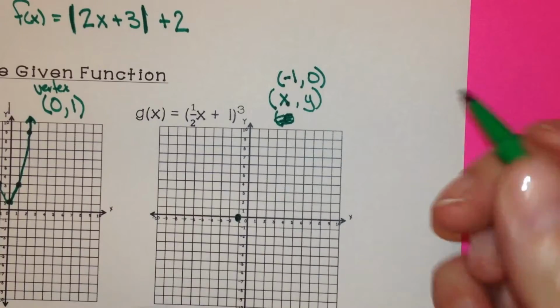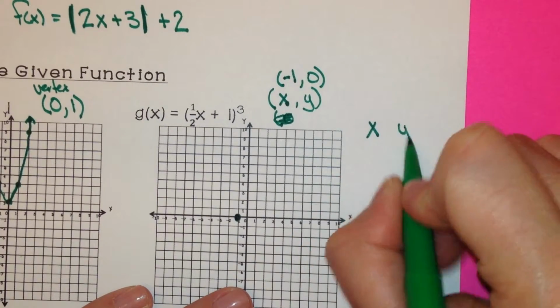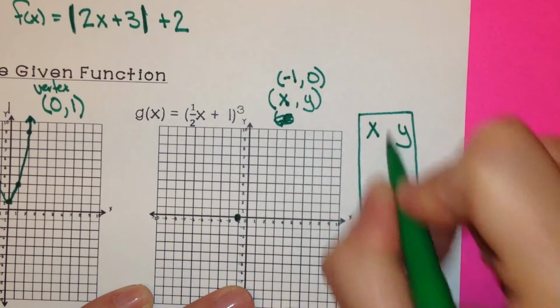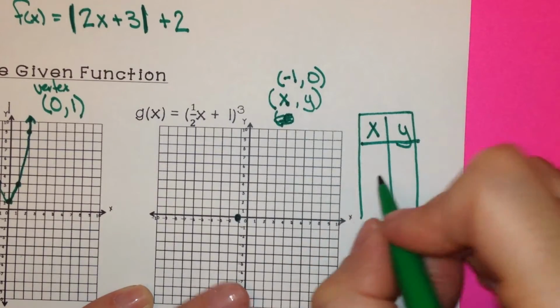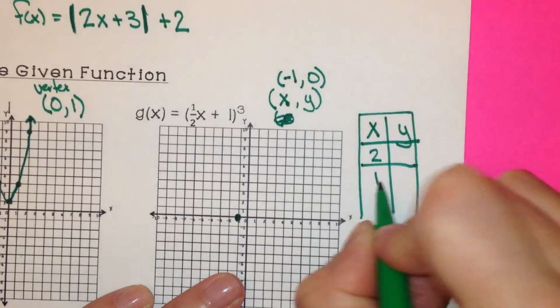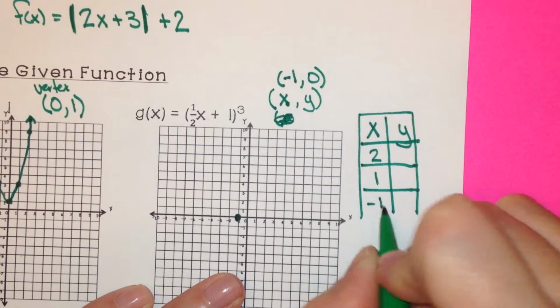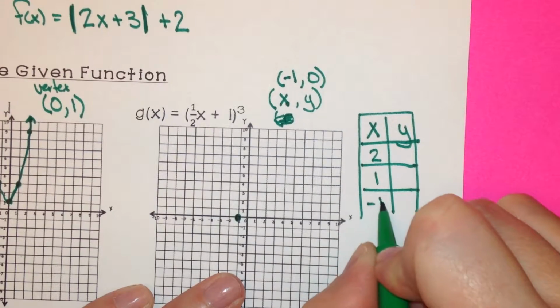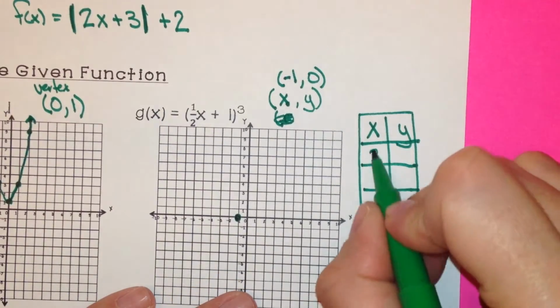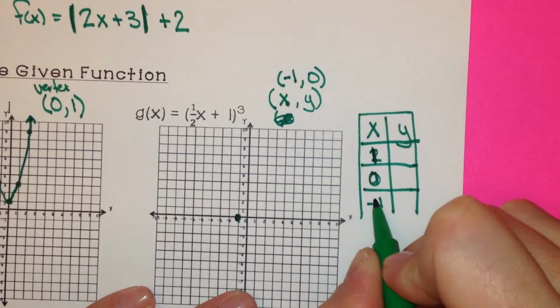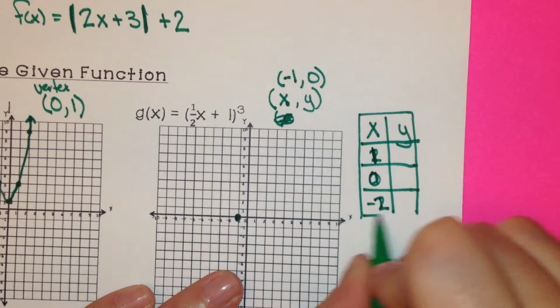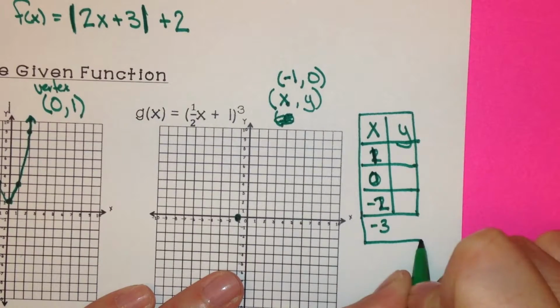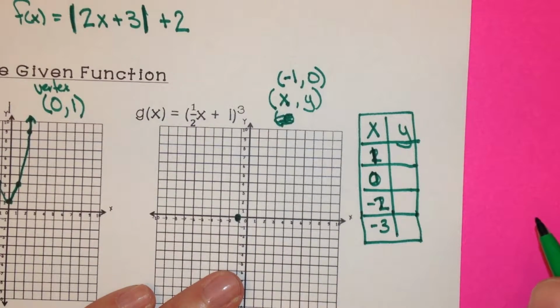Then I'm just going to create my table, x and y. Do 2 on either side, so let's do 2, 1, 0, -2, and -3, because we did shift our graph.